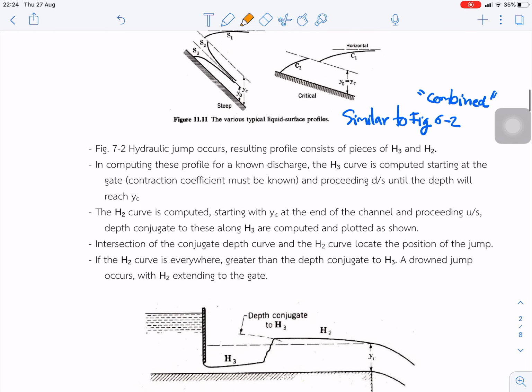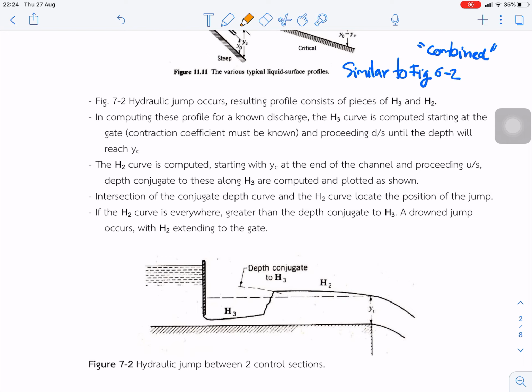Below is the figure for hydraulic jumps, figure 7-2. The resulting profile consists of pieces of H2 and H3. In the computation of this profile for an unknown discharge, the H3 curve is computed starting at the gate.